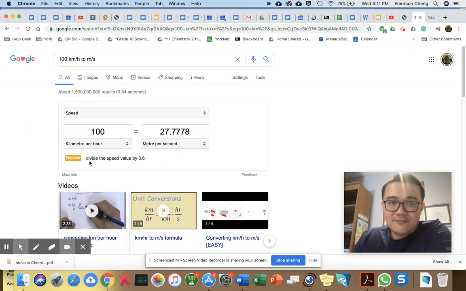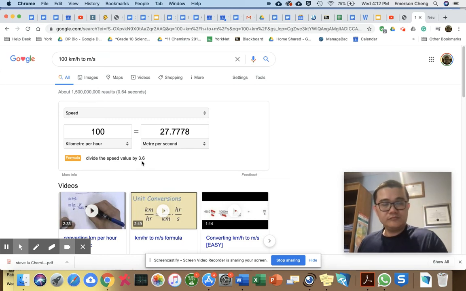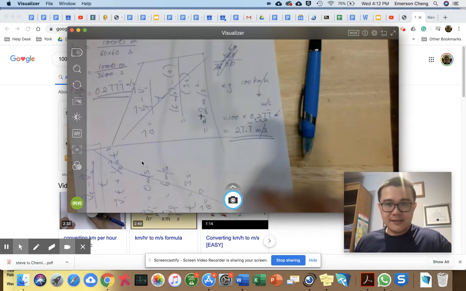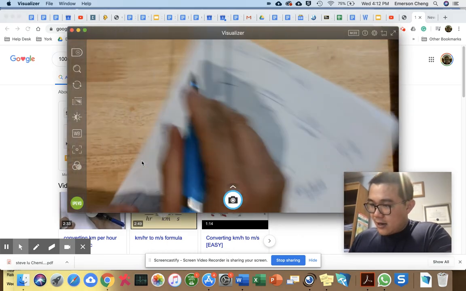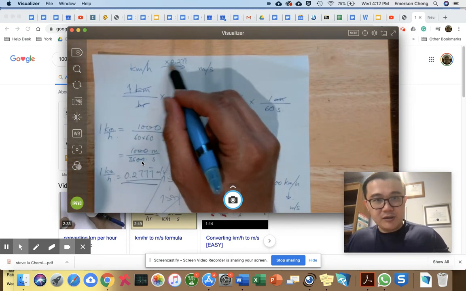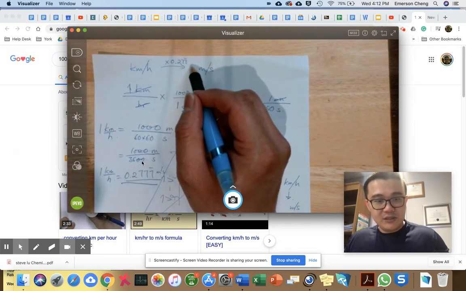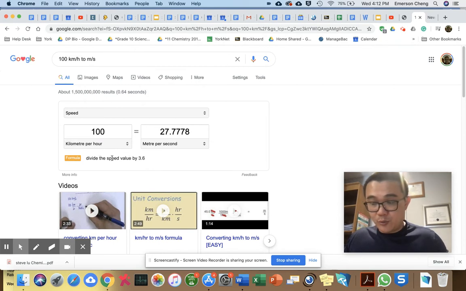And there's a formula: divide the speed by 3.6. So you can either multiply by 0.277, or as Google suggests, which is a different way to do it, divide whatever you have by 3.6. Then you don't need to deal with the repeating business.